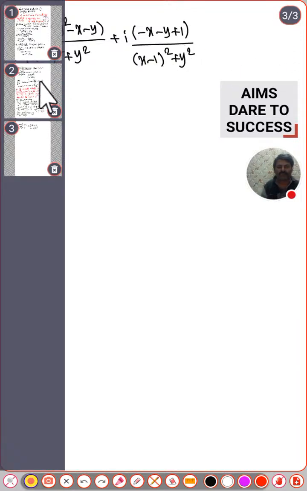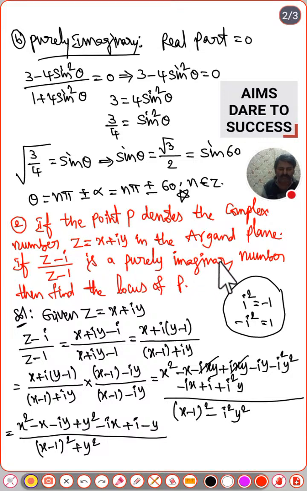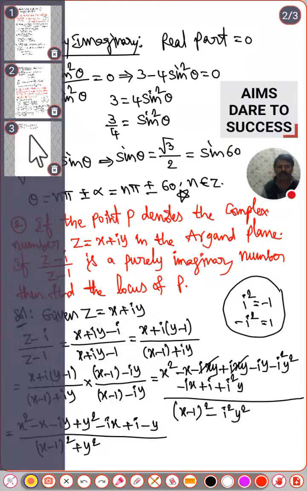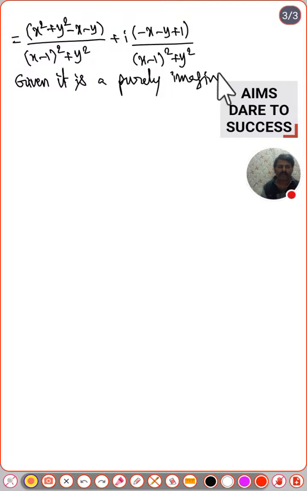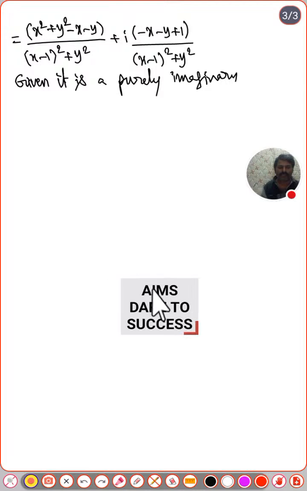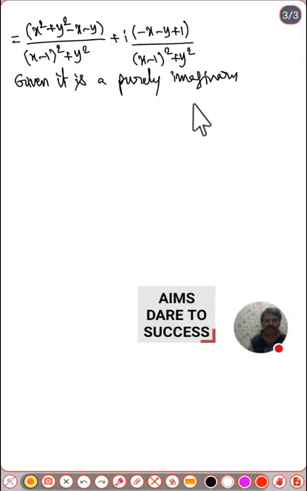According to the given question, this is a purely imaginary value. Purely imaginary means the real part is equal to 0.